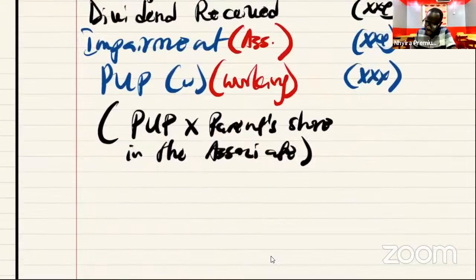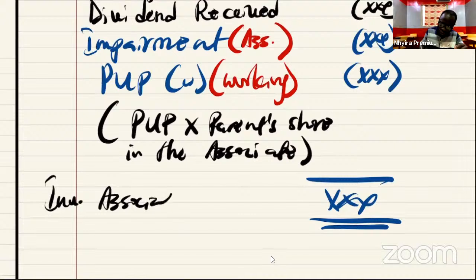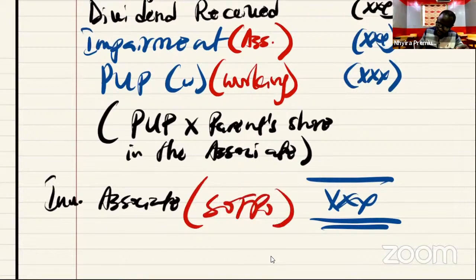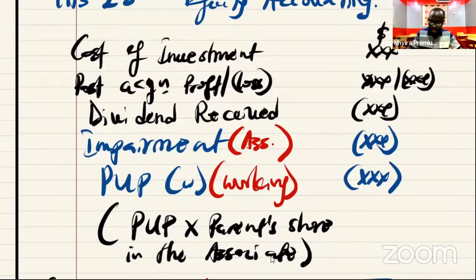So when we add up, we get the investment in associate value that will go to the statement of financial position. So this working is to get a balancing figure going into the group statement of financial position. Please note that if we are preparing the income statement, dividend received is not what is taken to the income statement.